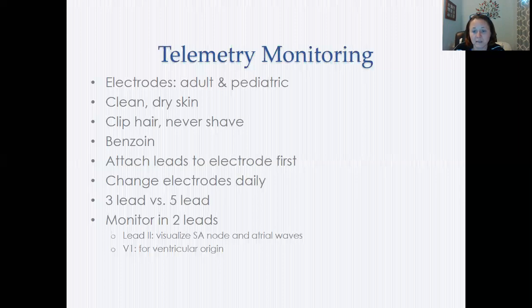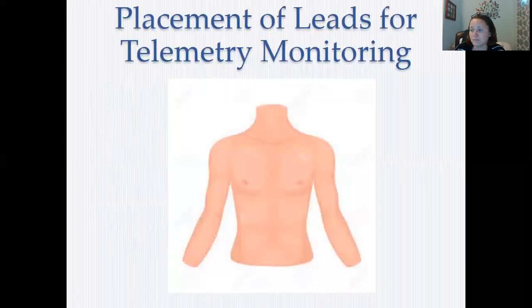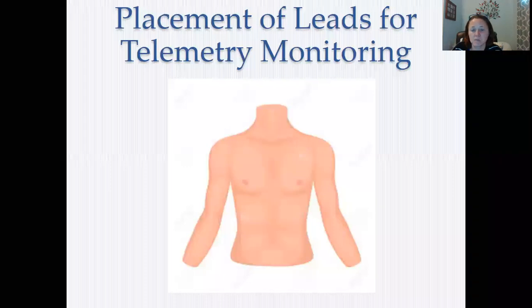So let's talk about lead placement. All right, so we've got here our patient's chest. So you have on your leads or wires, you have 5 different colors. You've got white, green, red, black, and brown.